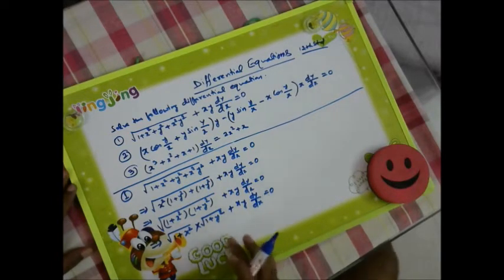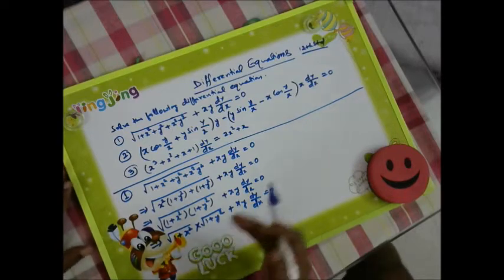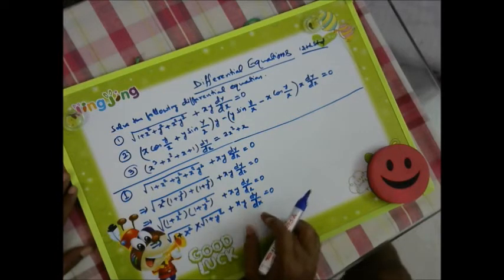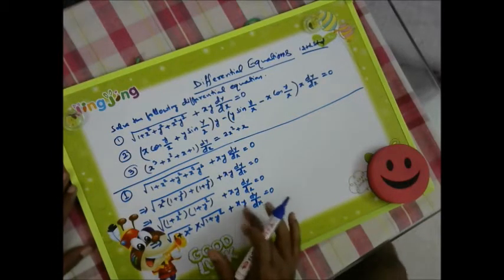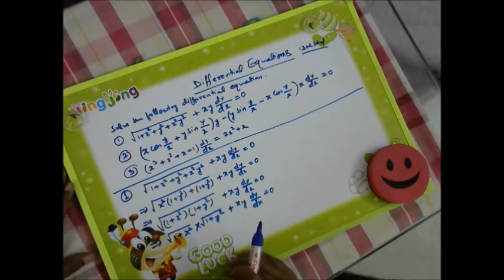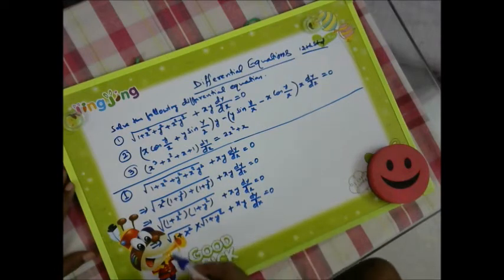So what we are going to do is separate the y component and the x component, so that with dx we take the x component and with dy we take the y component. That is our main motto, and only then can we solve it further.